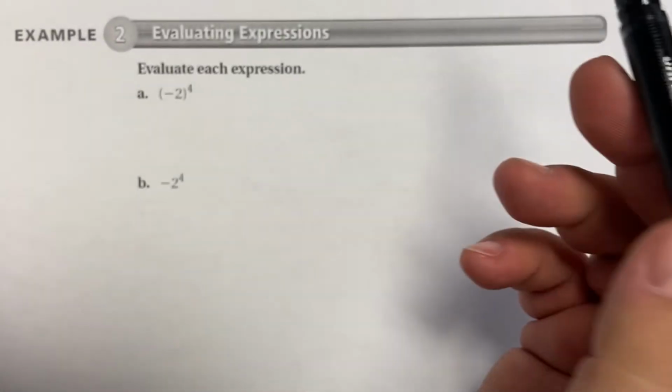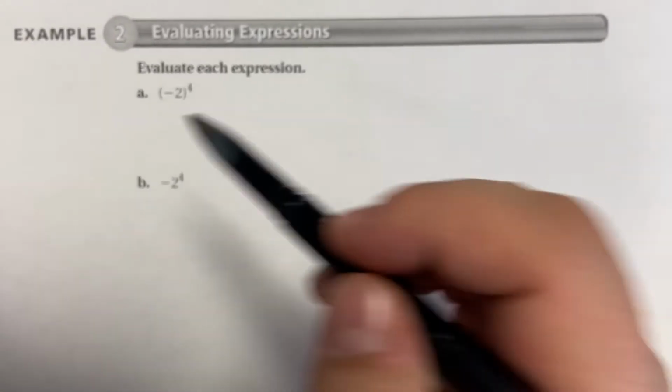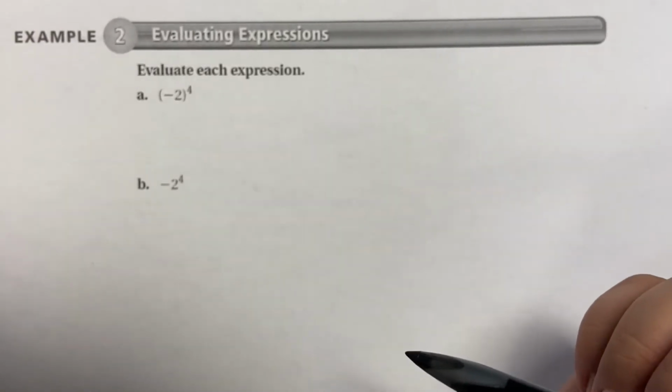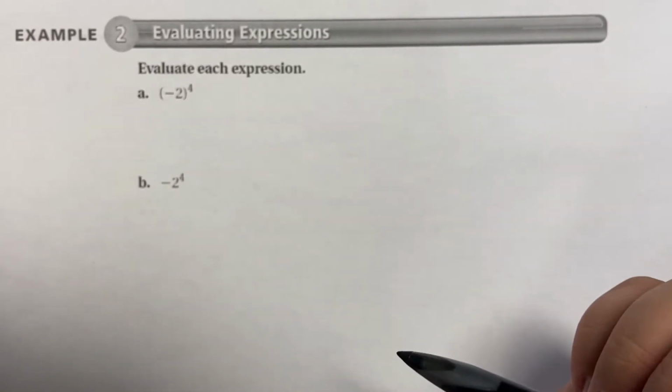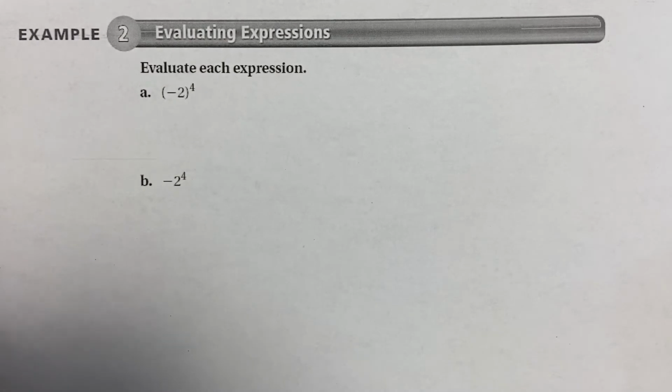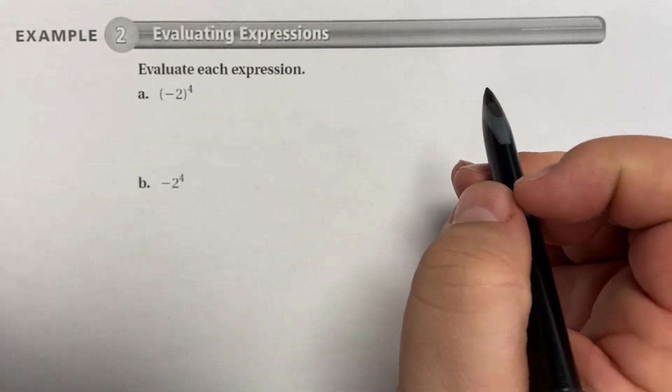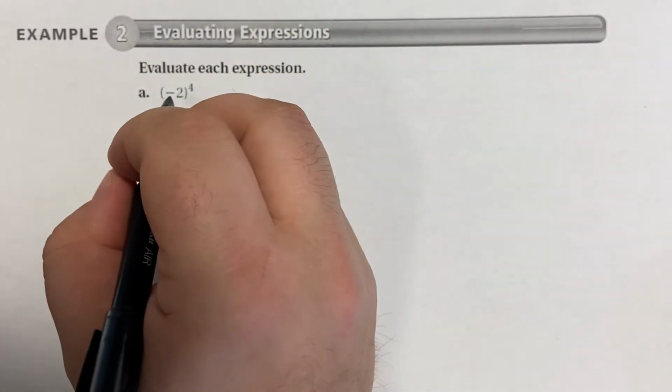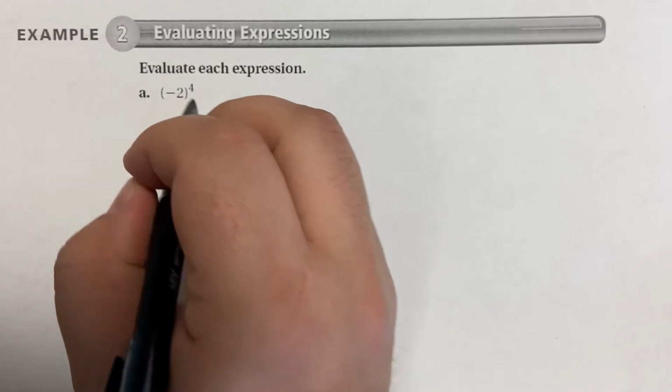All right, since you've had a few seconds to think about it, which one? A or B? If you said A was negative 2 to the fourth, you'd be correct. If you remember back on the first example, if it's in parentheses, that is our base.